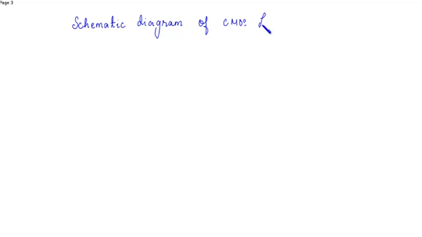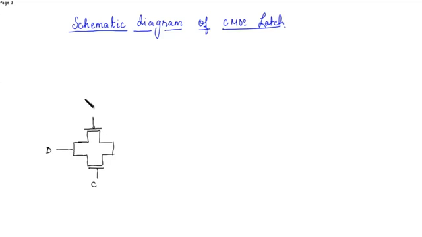Of a CMOS latch, if we use the transmission gates, then the schematic will be one transmission gate over here, this is PMOS and NMOS, this is the input D, this is the control input C, and this is C bar, the complement.